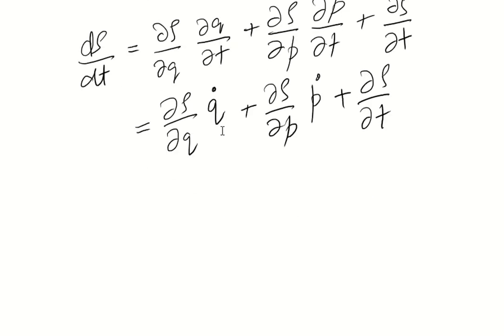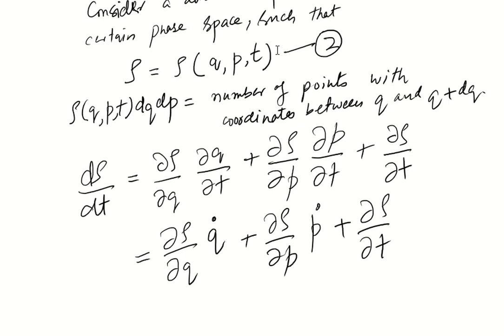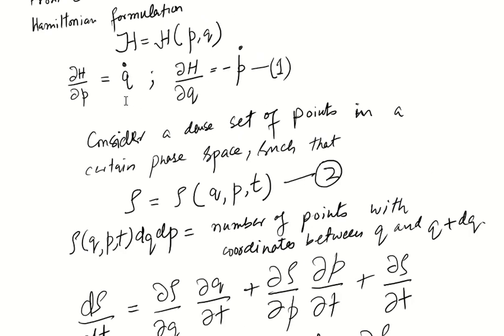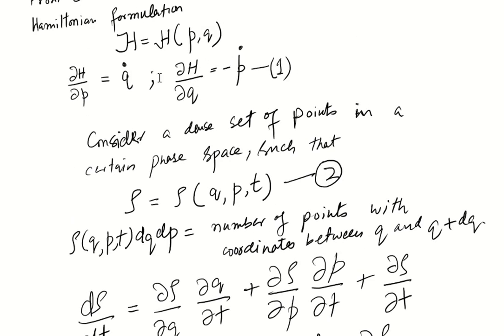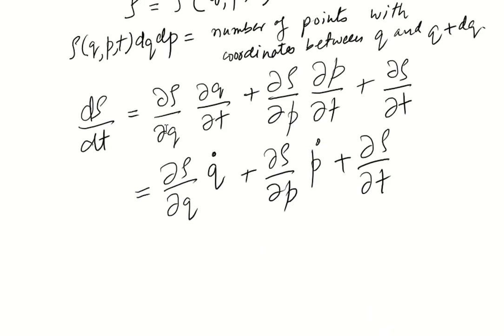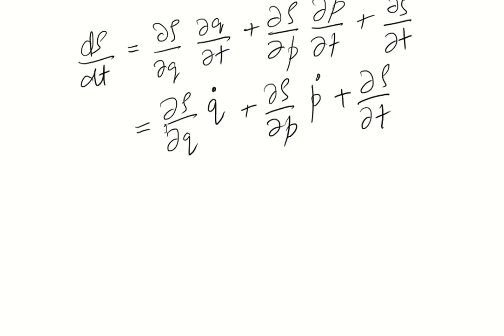Now I can put the values of q dot and p dot from our equation 1 here. One is partial H over partial p, and the other one is minus partial H over partial q. We just insert these values.